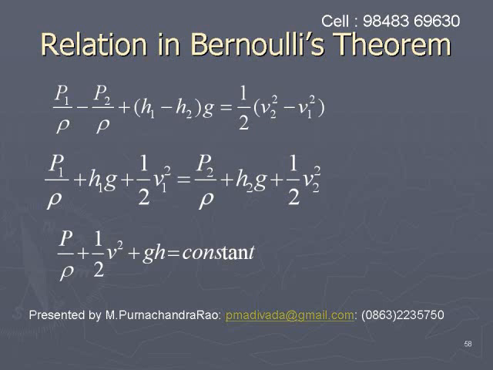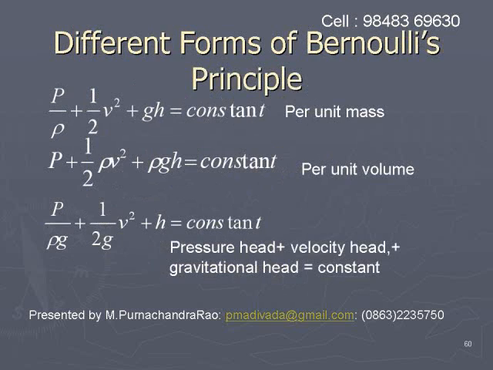From this we understand that P by rho plus half V square plus gh is a constant.